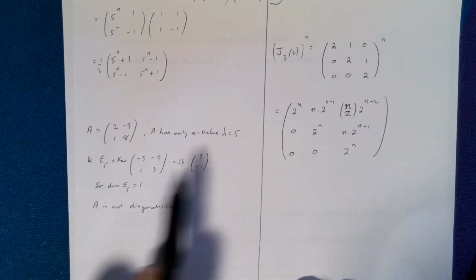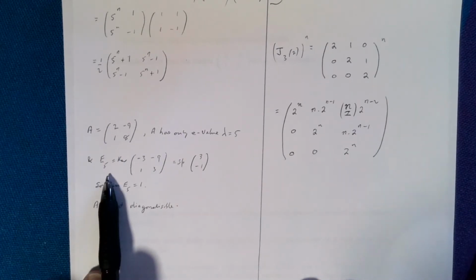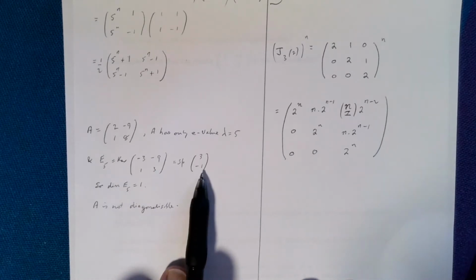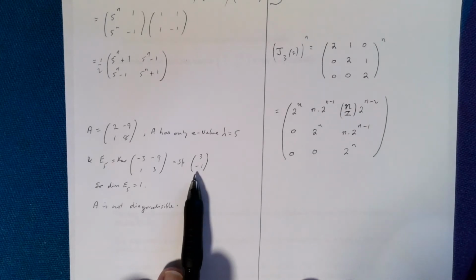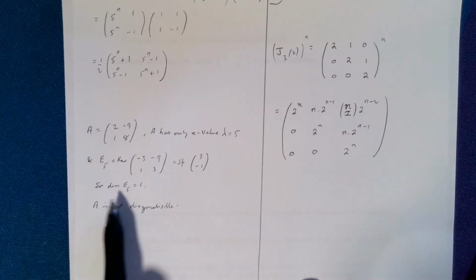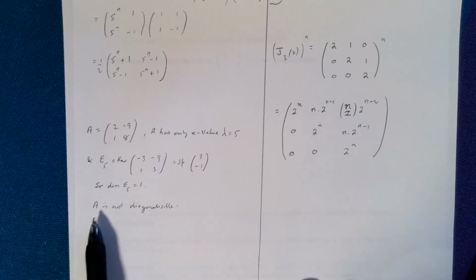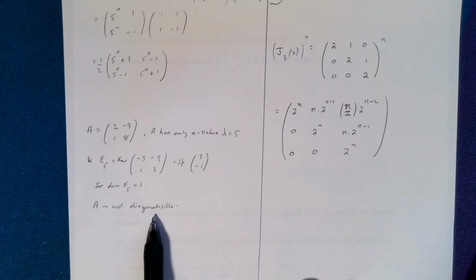And the eigenspace for 5, when you subtract 5 off the main diagonal, gives you this, which is the span of 3, minus 2. So there's only one eigenvalue, and you only get one eigenvector, and the dimension of the eigenspace is just 1. So A then is not going to be diagonalizable because it doesn't have a full quota of eigenvectors.